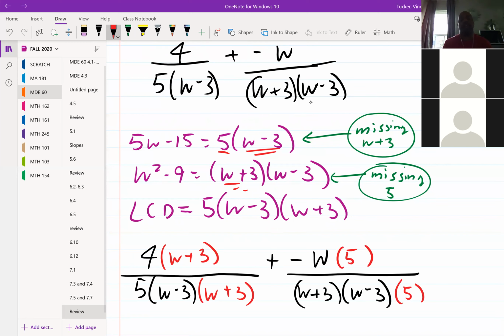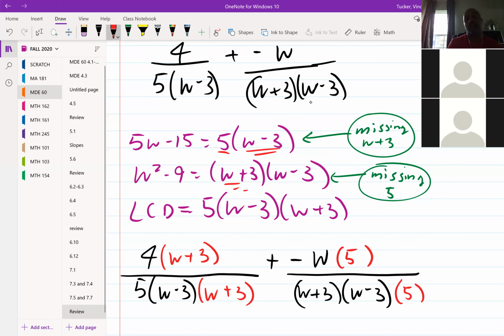So once you establish what your LCD is, you're going to look at your original denominators, without adding anything to them, and say, what is missing when I compare it to the LCD? So when I look at that 5 times w minus 3, what's missing in comparison to the LCD is w plus 3. Yep, that's true.